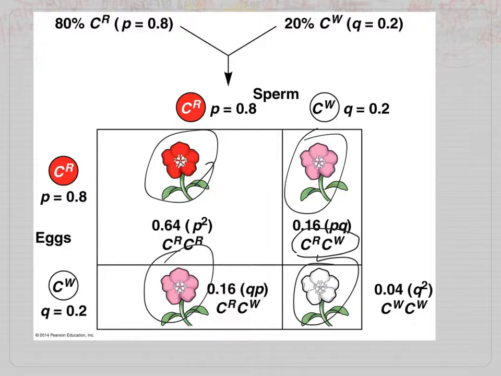Although the white isn't truly recessive. Remember when we're talking incomplete dominance, we have one that is not completely dominant over the other. But regardless, we can calculate.